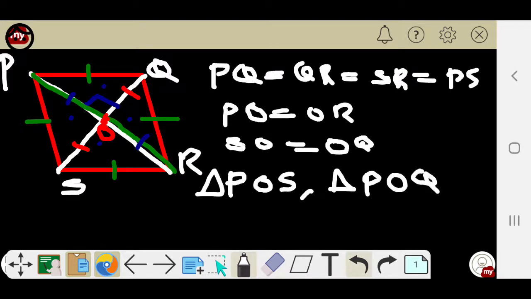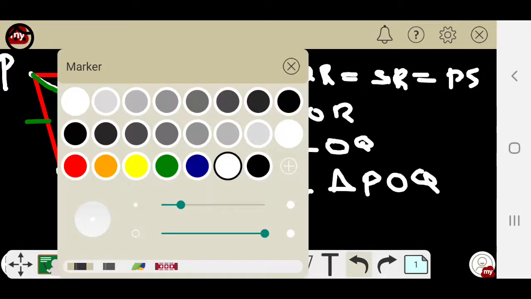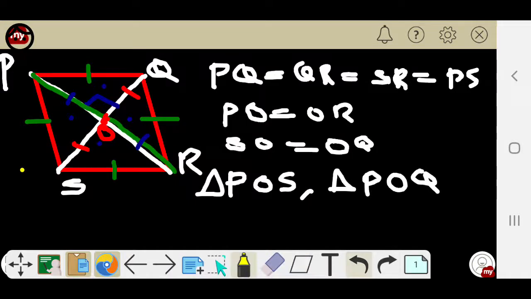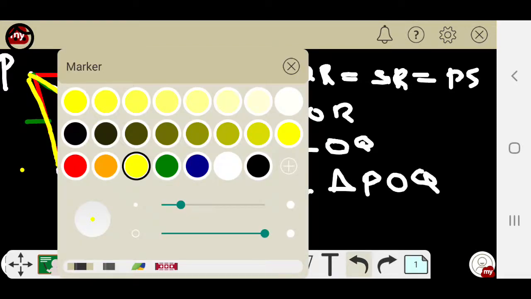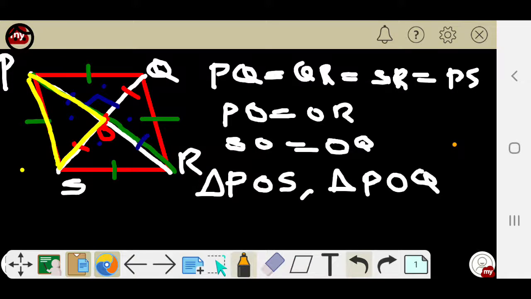In triangle POS and POQ, you can see that OS equal to OQ. The first triangle we are considering is POS, and the next triangle is POQ. It is given that OS equal to OQ.